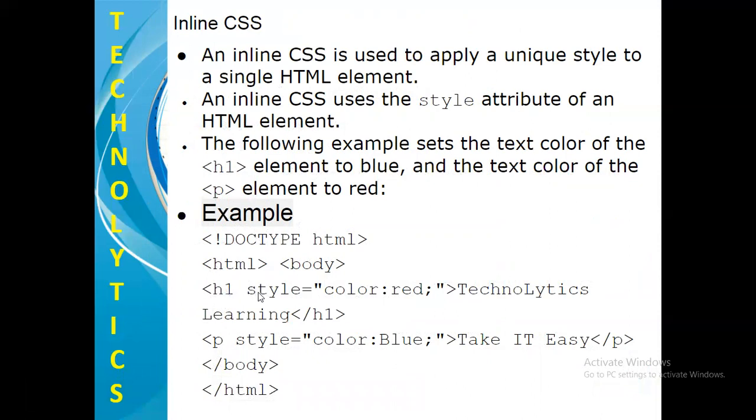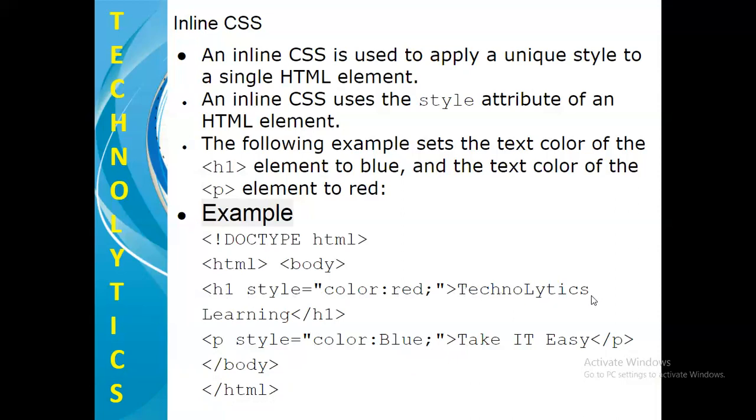Along with this, we have used style as a property. So the h1 tag has the style attribute where you have changed the text color to red. So color colon red. Its property is color, meaning text color, and the value is red. So you are trying to give text color red for this particular h1 tag.